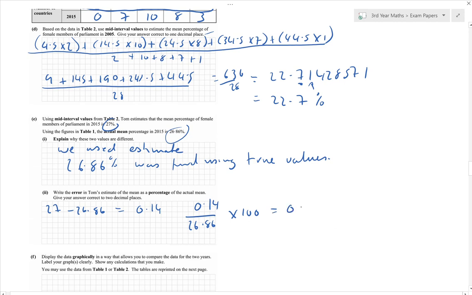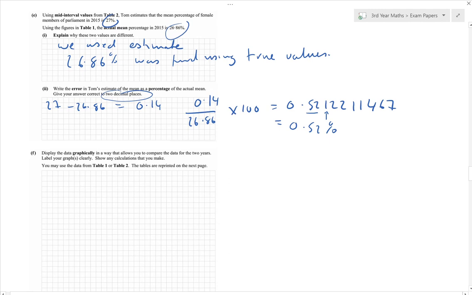That gives me 0.5212211467. And again, we're asked to give that correct to 2 decimal places. So you look at the third value after the decimal. It's less than 5, so these stay as they are. 0.52% error.